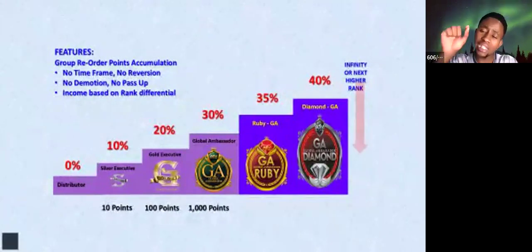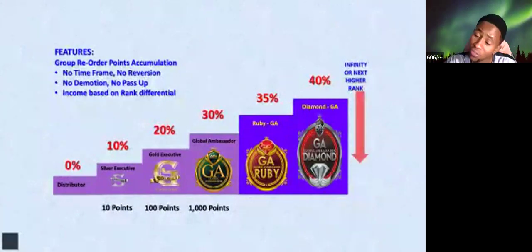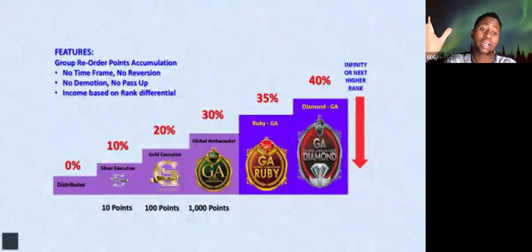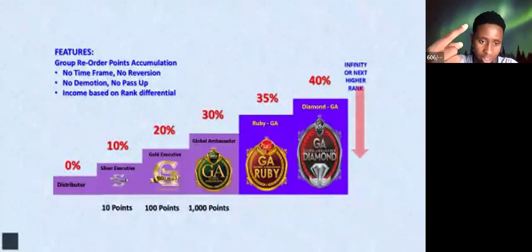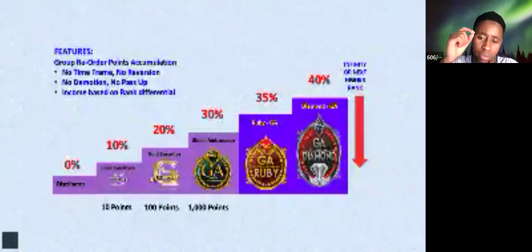Remember, as products are bought in your organization, you get positional points. So if you have a team of 10, like I told you, and each of them purchases products that have 1 positional point, you become a Silver Executive. You need 100 points to become Gold Executive and 1,000 points to become Global Ambassador.